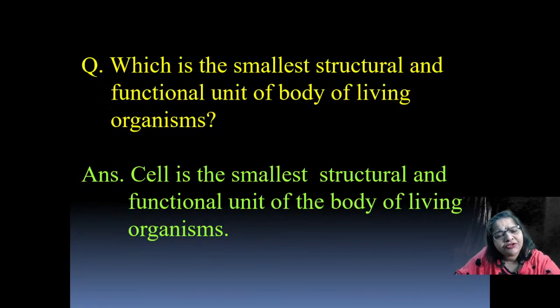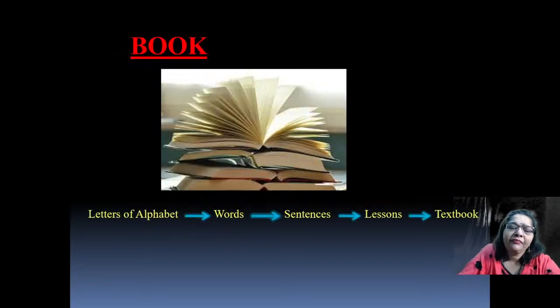Which is the smallest structural and functional unit of the body of living organisms? Right, we all know the basic component of the body of an organism, which is the cell. The cell is the smallest structural and functional unit of the body of living organisms.